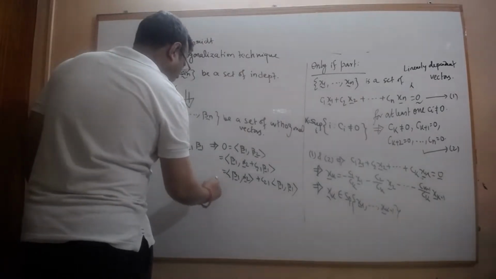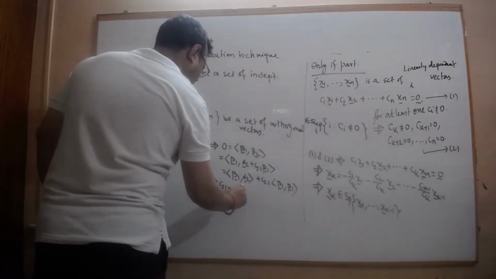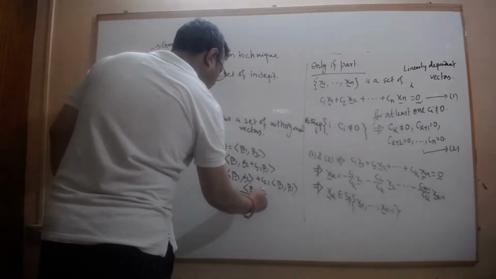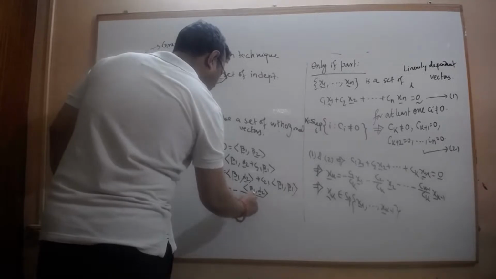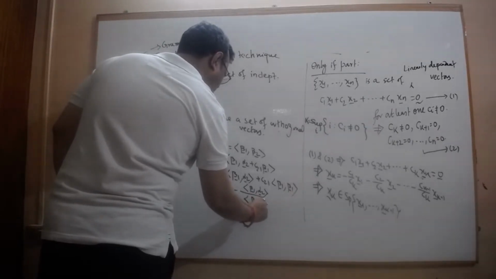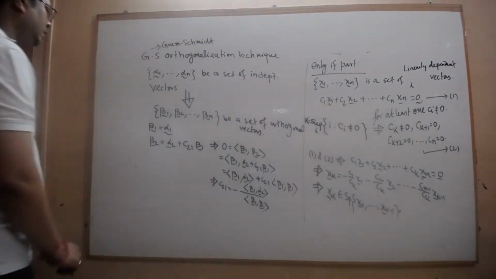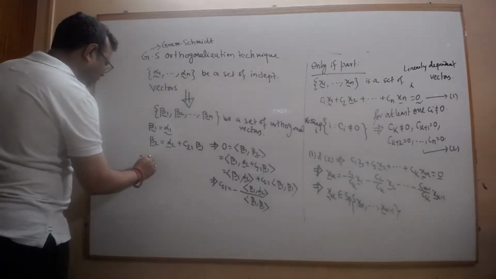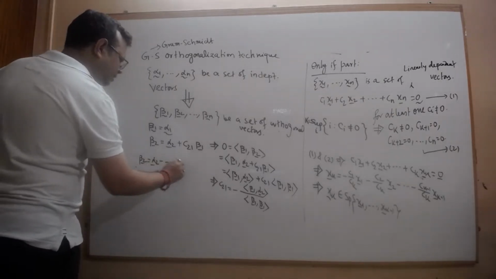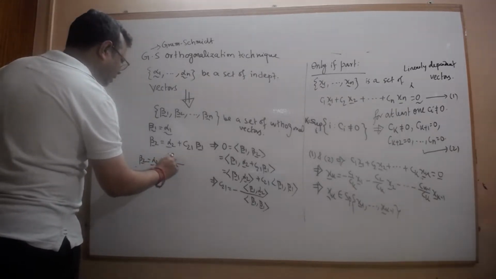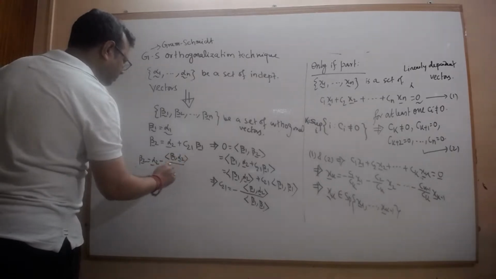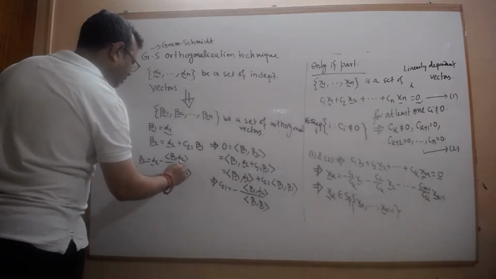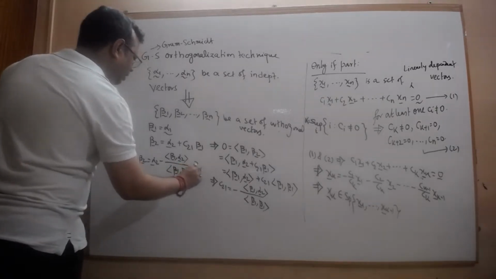So this implies C21 equal to minus the inner product of beta 1 and alpha 2 by the inner product of beta 1 with itself. Therefore, beta 2 curl equal to alpha 2 minus the inner product of beta 1 curl and alpha 2 curl by the inner product of beta 1 with itself, into beta 1 curl.